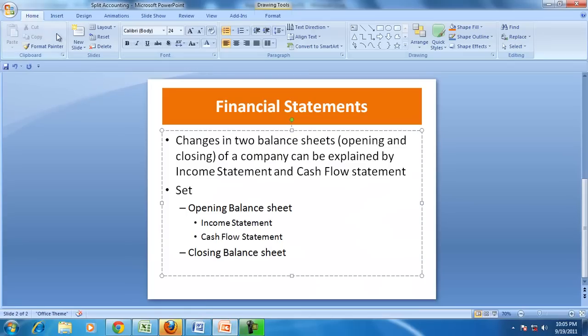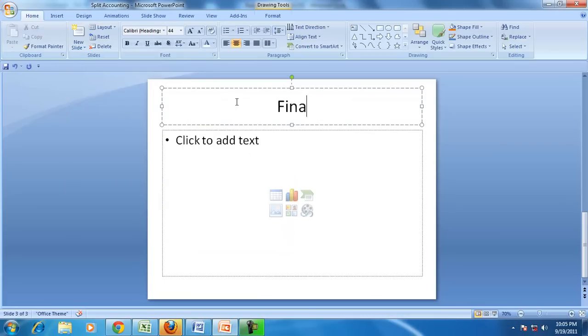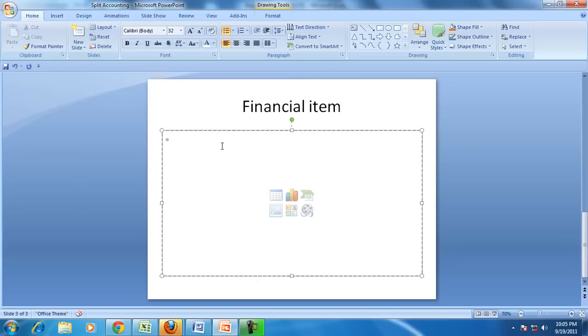We know that income received, okay? So whenever there is an income, income received or income not received.